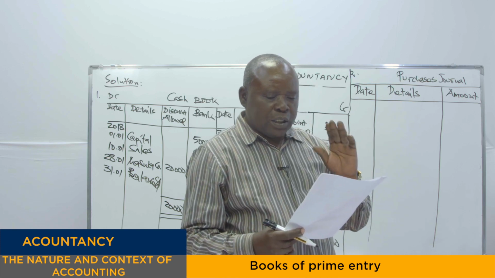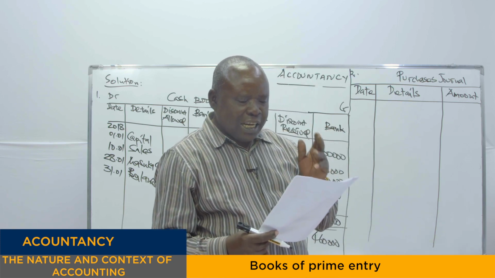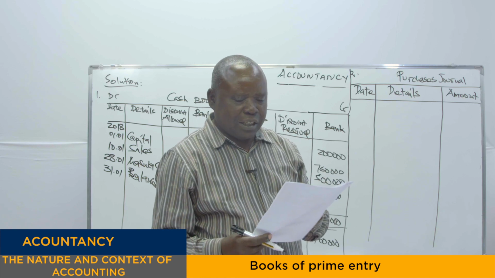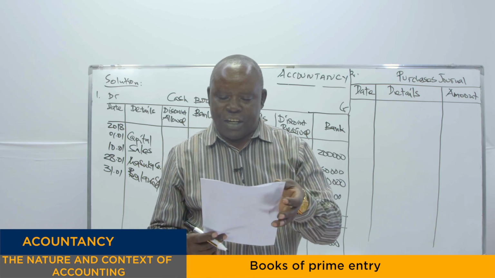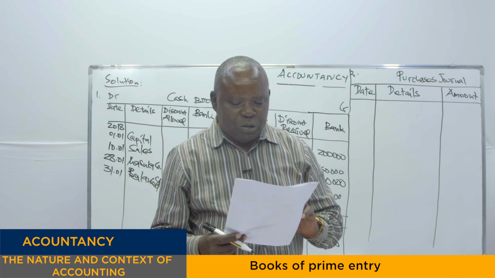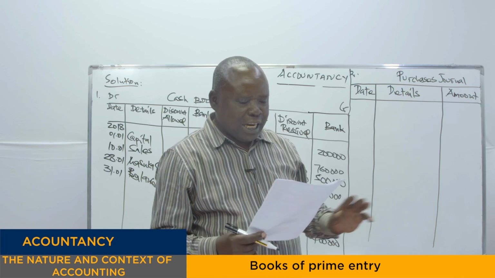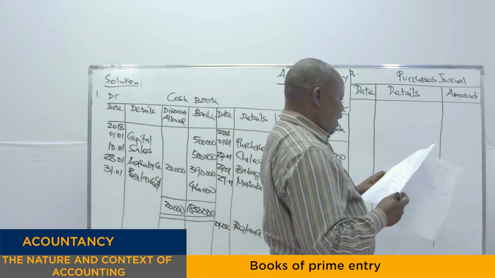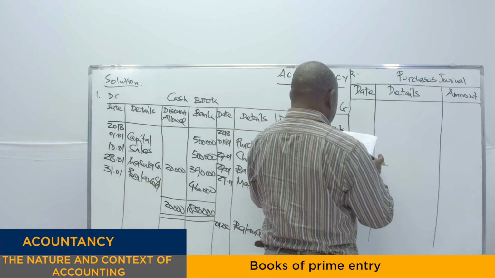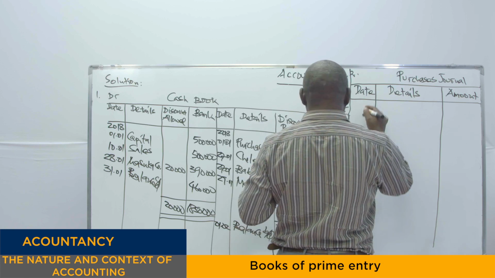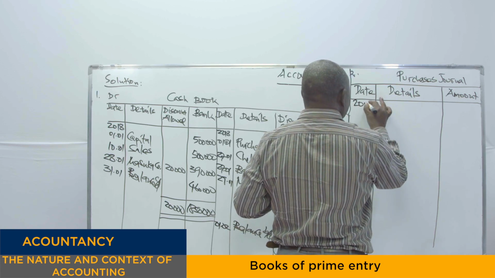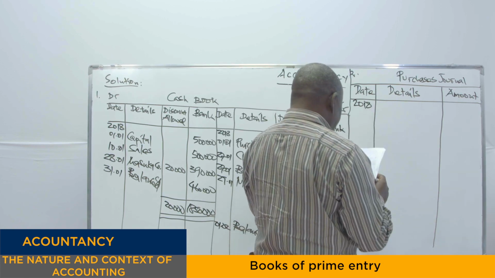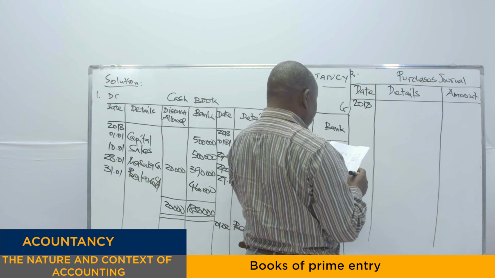So 750,000 less 150,000 will remain with 600,000, and this amount of 600,000 will be entered into purchases journal. So we just write here the year is 2018, and this is now on the 6th January.